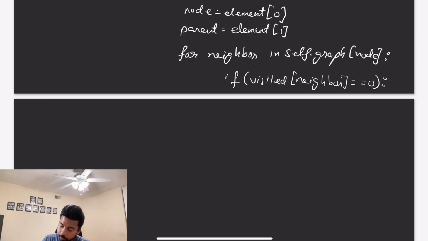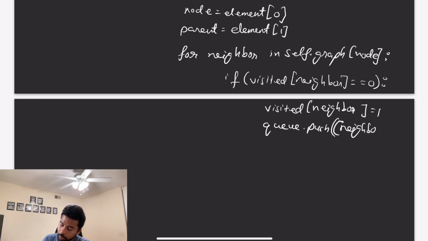We're gonna visit it. We're gonna add it to the queue, and like I said, it's a tuple, so we're gonna go neighbor, and the parent is now node, right?